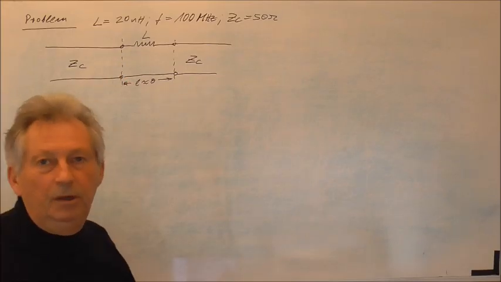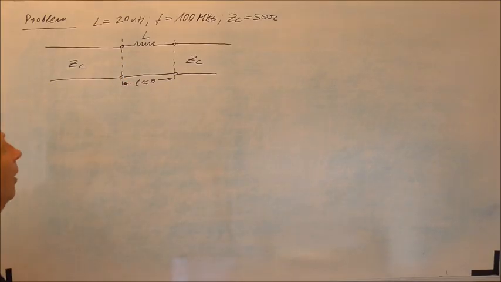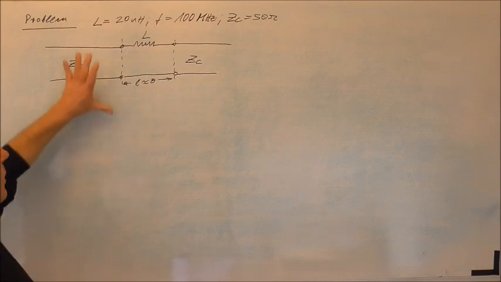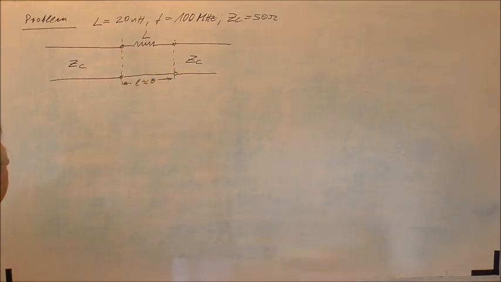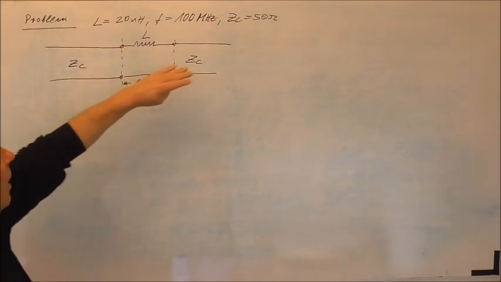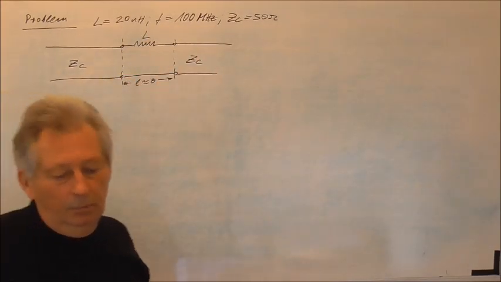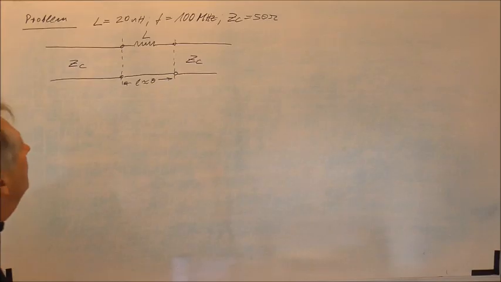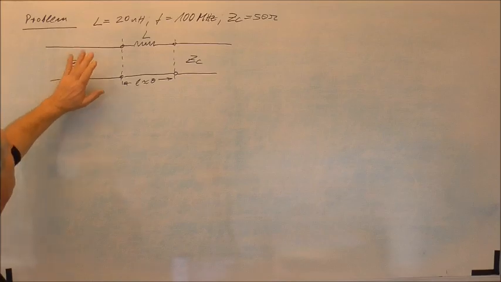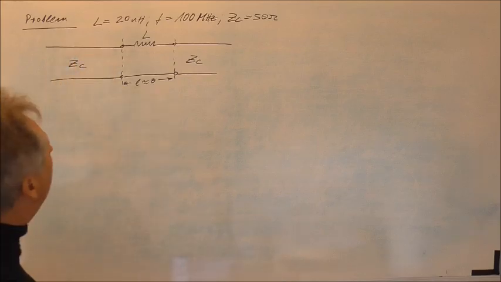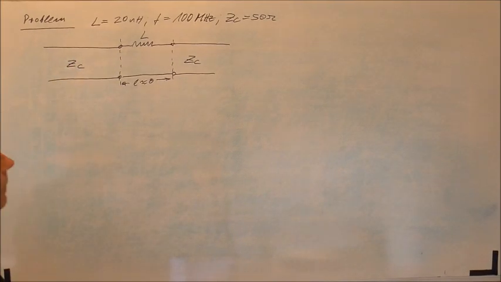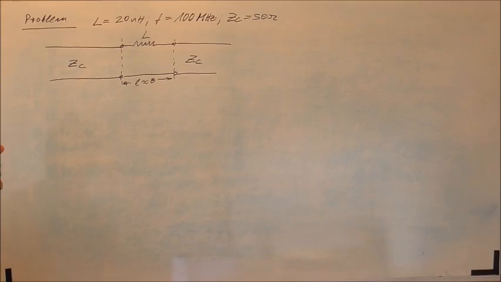For example, this could be the equivalent circuit also for a connector between two transmission lines of 50 ohm, and due to the connector there would exist a series inductance. So the question is now how to find the scattering parameters of this situation.